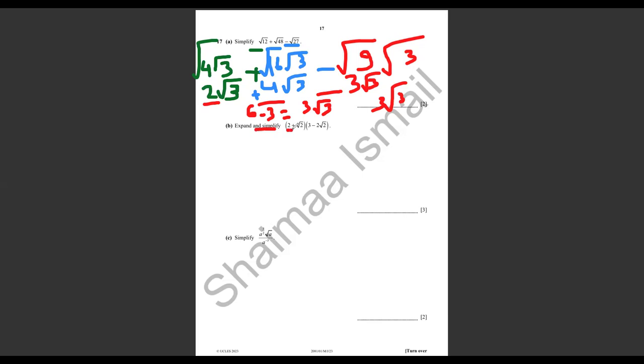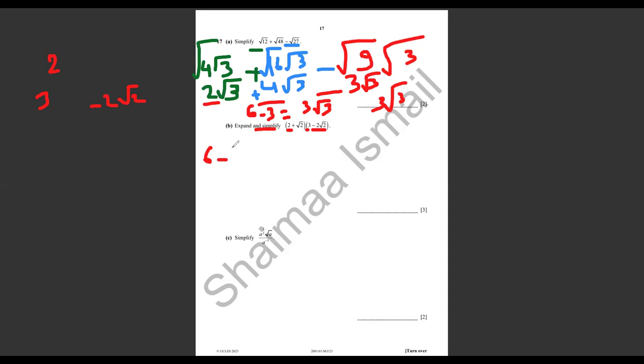Expand and simplify. First take the 2, multiply it by both terms here. So 2 multiplying by 3, then 2 multiplying by negative root 2. 2 times 3 equals 6, minus 4 root 2.